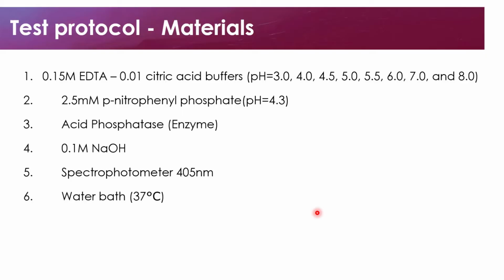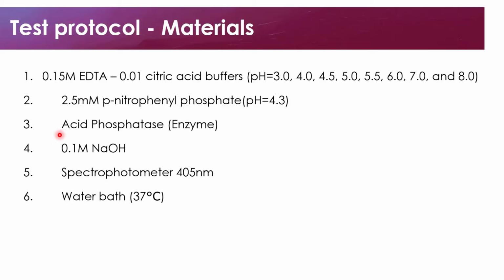So let's start our test protocols, and first by looking at the materials that we are going to use for this experiment. The first is 0.15 molar EDTA in 0.01 citric acid buffers of different pH values as shown over here. We also have our artificial substrate, which is 2.5 millimolar p-nitrophenol phosphate at pH 4.3.